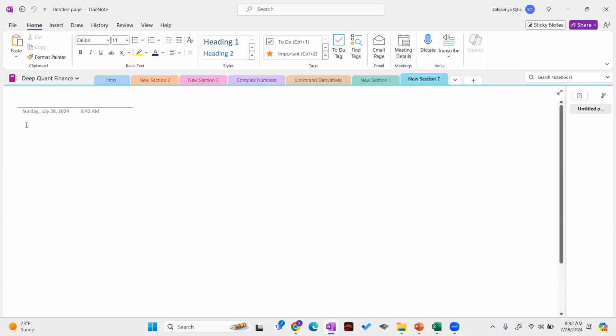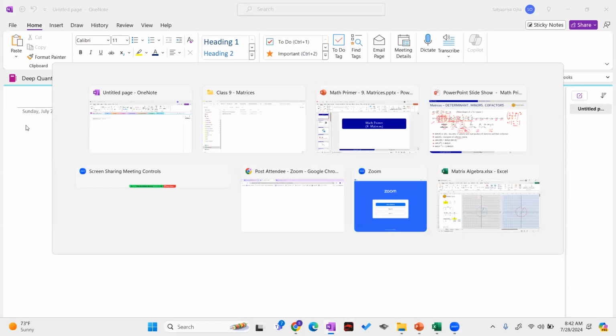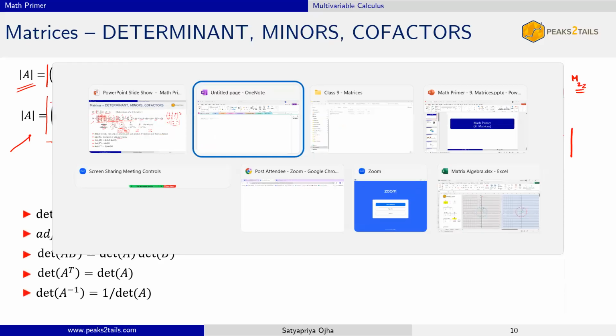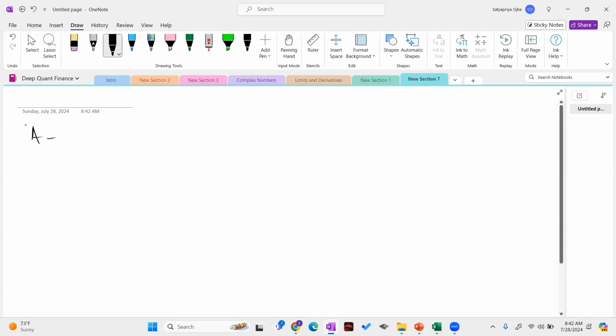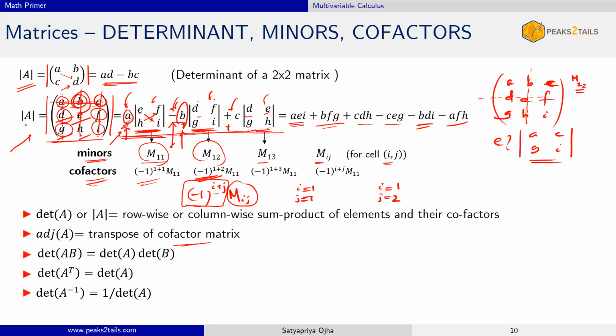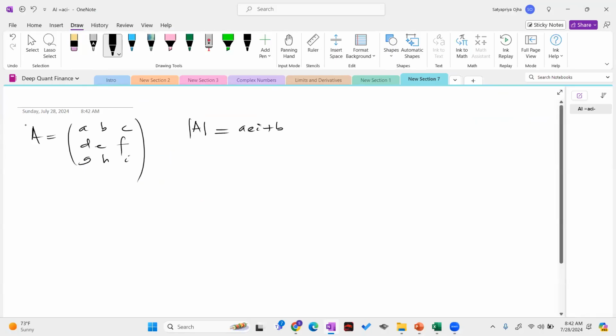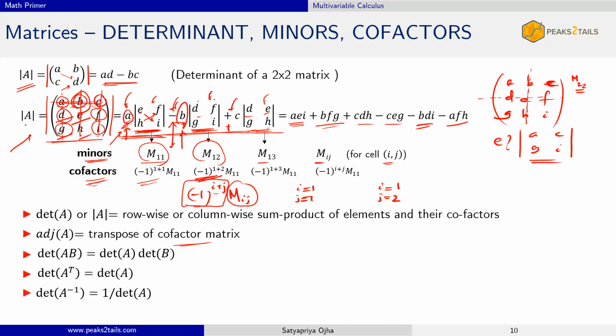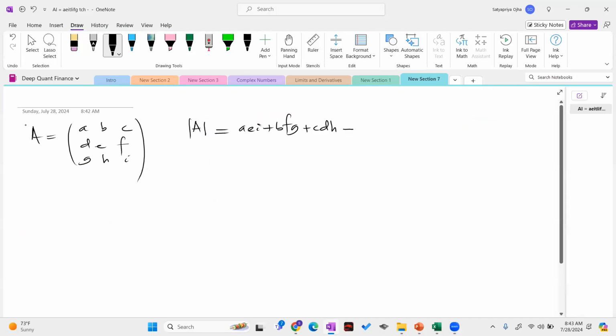So we have this matrix, right? And we said the determinant of A is, let me write the expression: AEI, BFG, CDH, minus CEG, BDI, AFH.